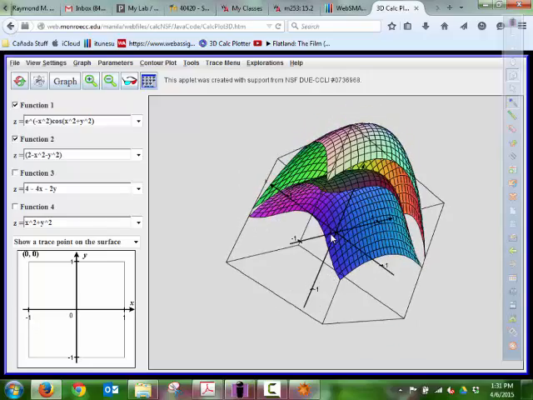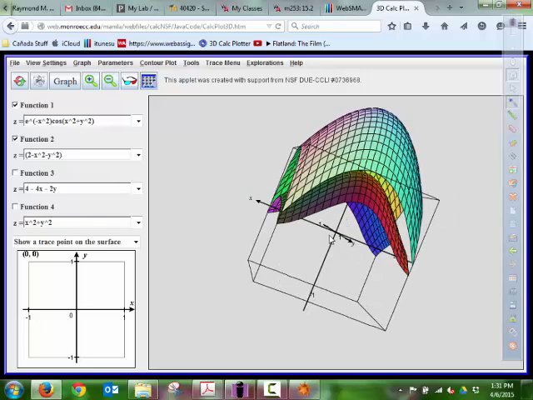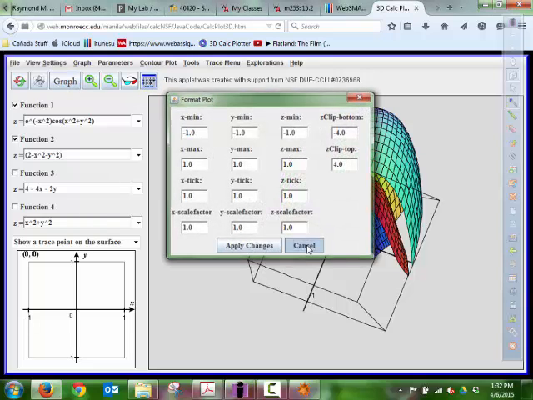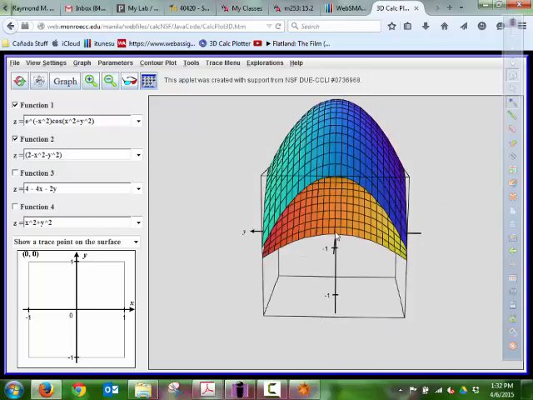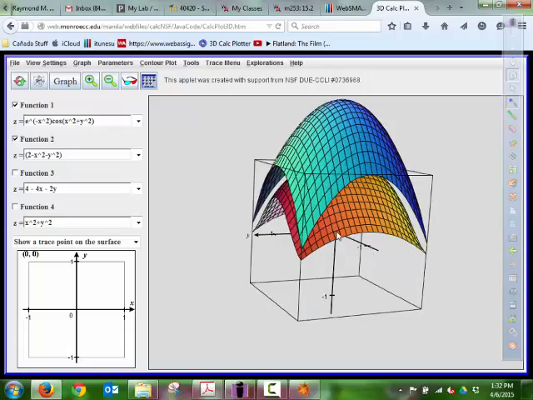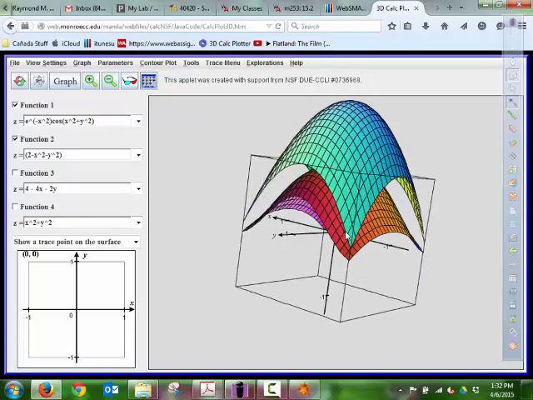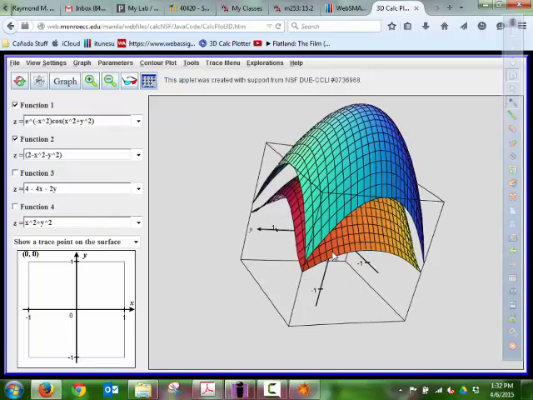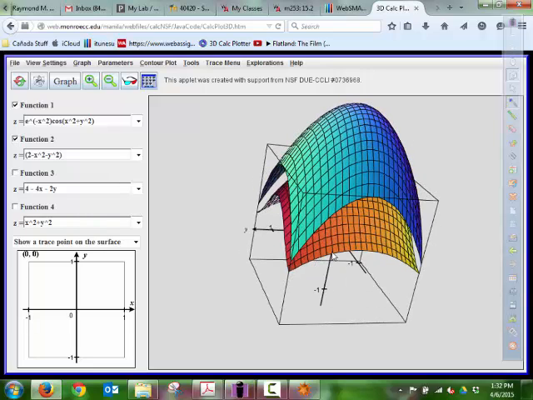That didn't look like the other one. Okay, well, you're looking for that volume between these two things. And there is symmetry along the quadrants and stuff.